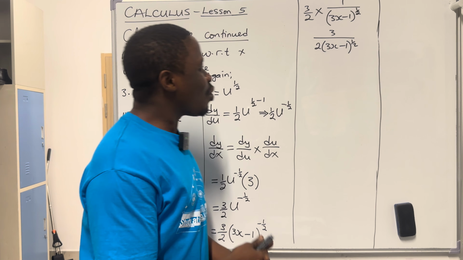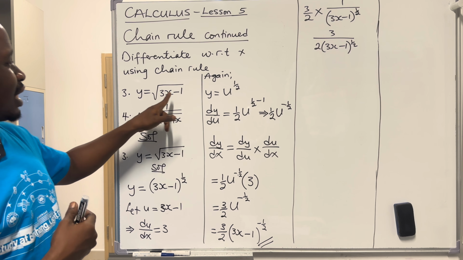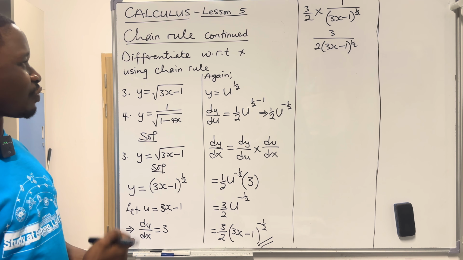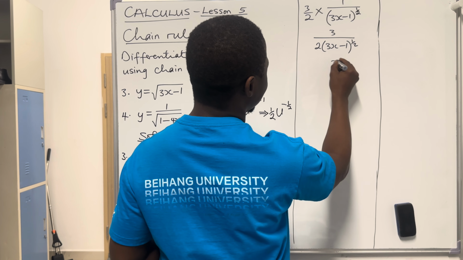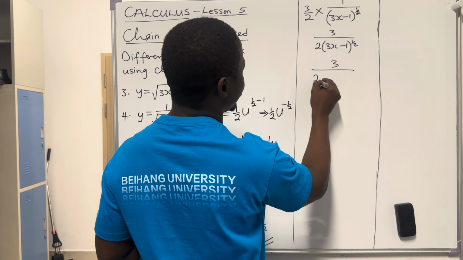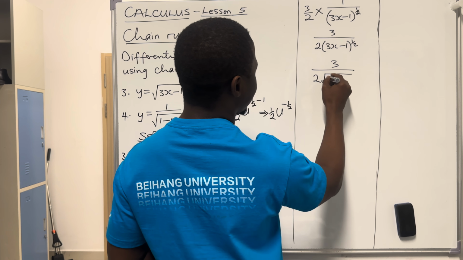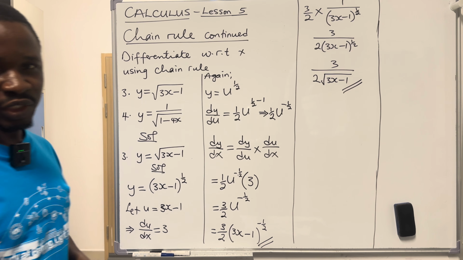Now, what if the teacher says, since you are given the problem in radical form, in root form, you're supposed to leave it in the same form? Then you can say 3 over 2, and any value raised to power half is the square root of that value, 3x minus 1. So this is what we have.